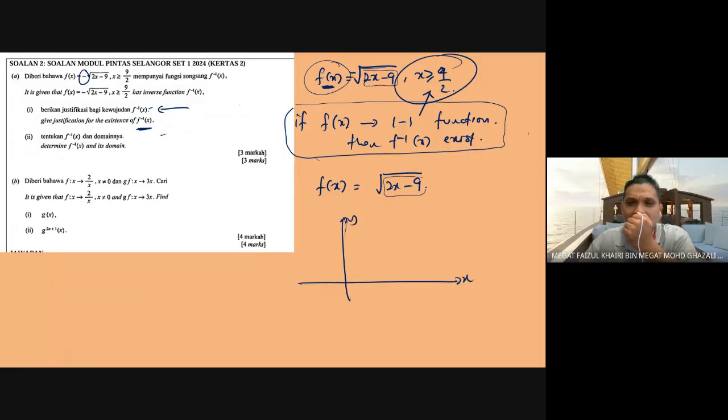As I told you just now, the expression inside this square root sign must always be greater than or at least equal to 0. So 2x is greater than or equal to 9, then x is greater than or equal to 9 over 2. Let's find where 9 over 2 is, just estimate somewhere out here. And then the square root function is a graph something like this.